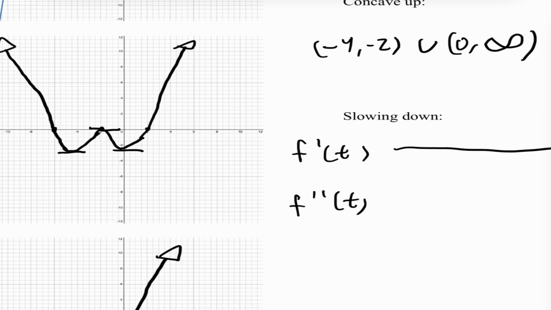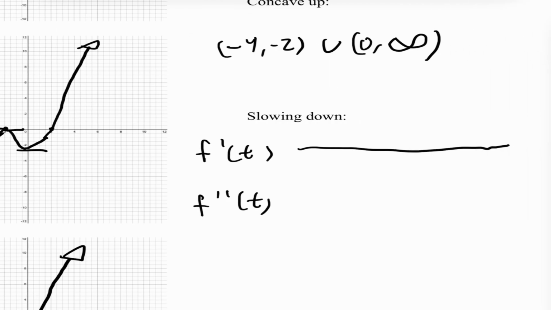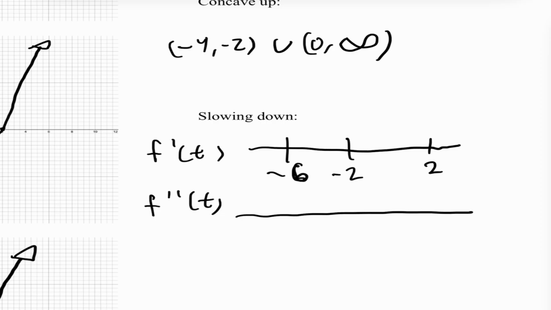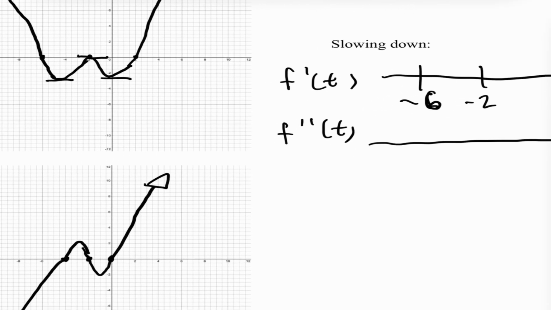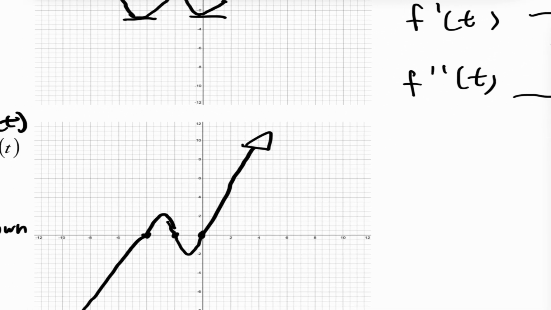The x-intercepts for our f'(t) graph are -6, -2, and 2, and the x-intercepts for our f''(t) graph are -4, -2, and 0.